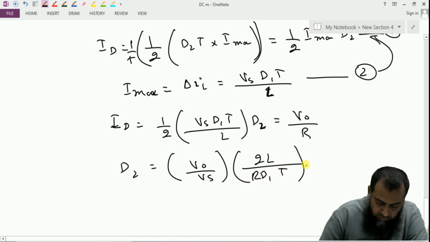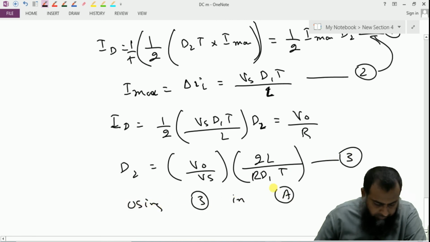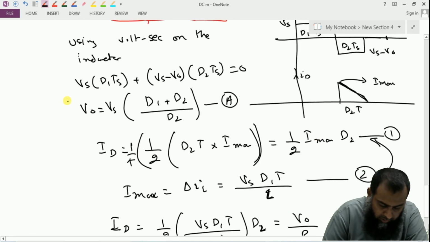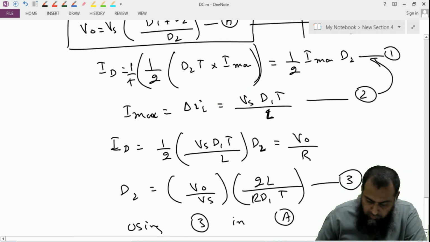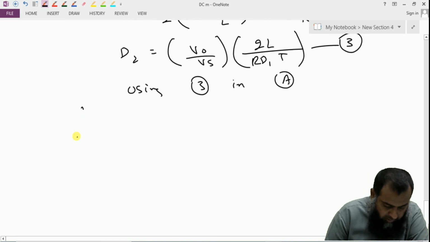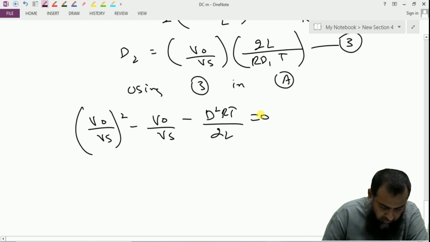And if I substitute this, let us say this is 3, into equation number A, if I plug it in here, then we get V naught over Vs squared minus V naught over Vs minus D squared RT over 2L, that is equal to 0.